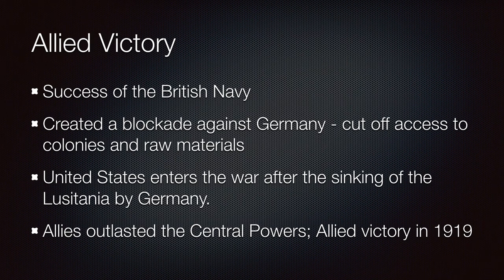The United States entered the war after the sinking of a passenger liner, the Lusitania, by a German U-boat in 1915, and there were several American civilians on board the Lusitania. So this shifted American public opinion towards the war.